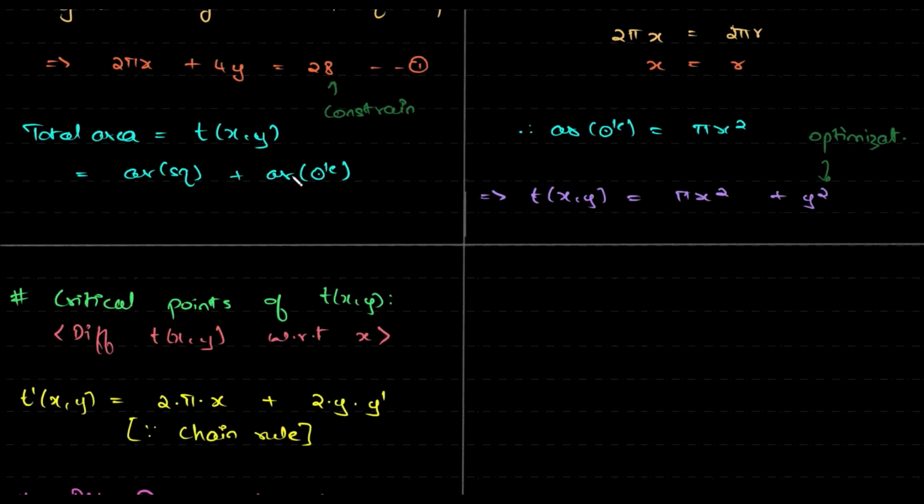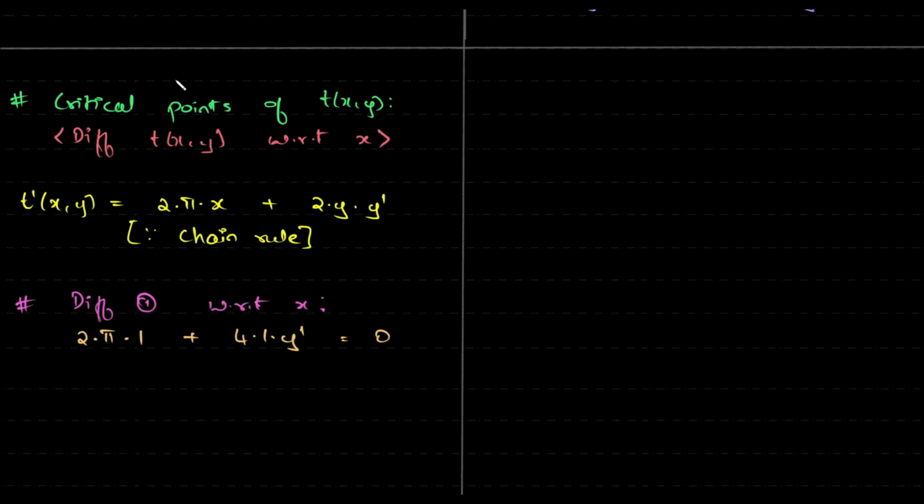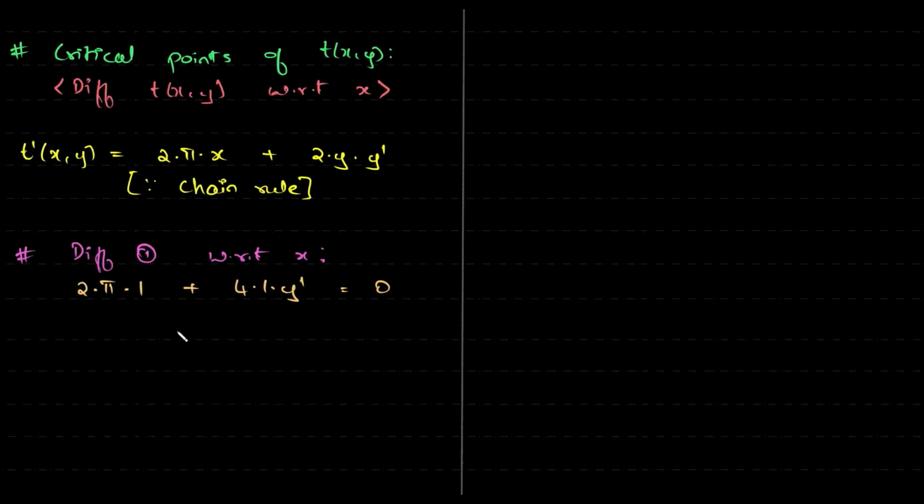We have 2 pi x plus 4y is equal to 28, so this is a constant, so its derivative will be 0. Differentiation of this is 4 into 1 into y prime. Again, chain rule. And this is 2 pi into 1. And so we have y prime is equal to minus pi by 2.